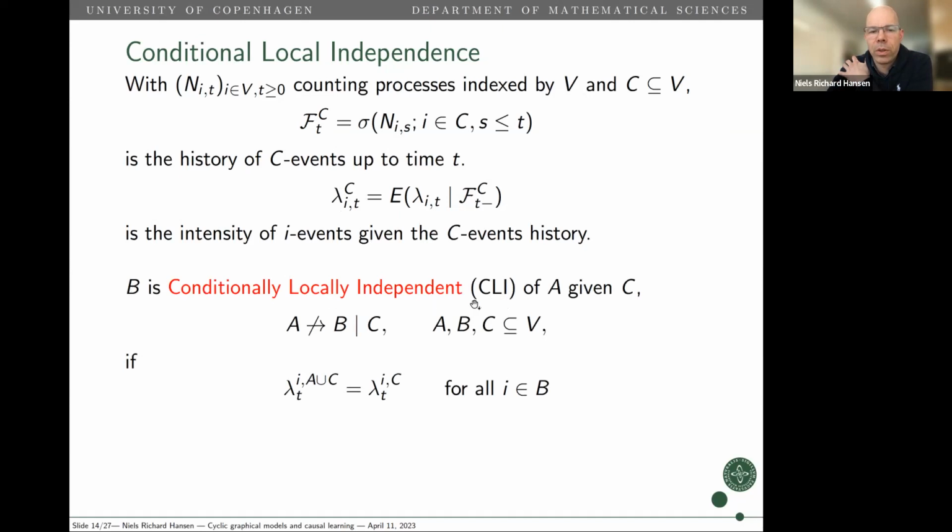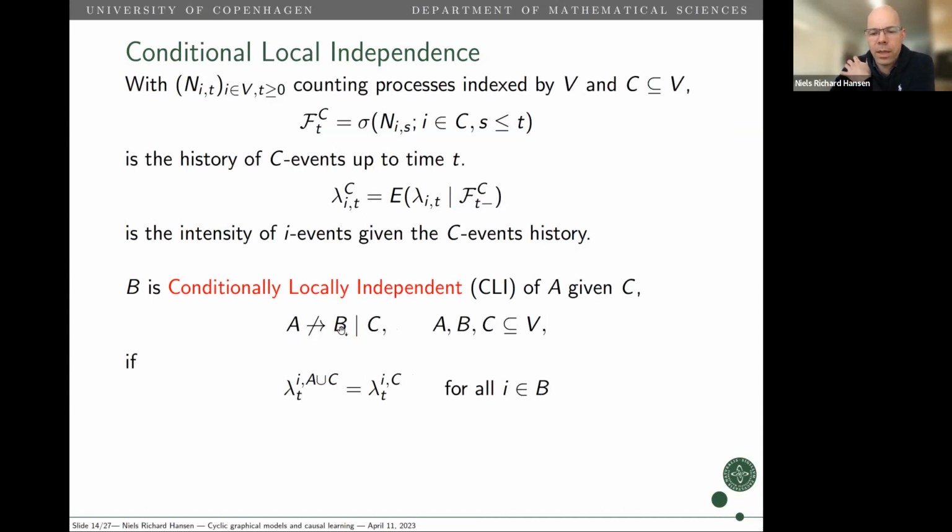B is conditionally locally independent of A given C if the intensity when we project down on A union C is equal to the intensity when we project all the way down to C. Another way of saying this is that A doesn't add any information to the I's intensity if you already condition on C. This should hold for all coordinates in the B set.